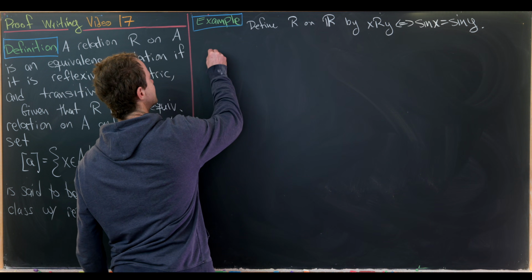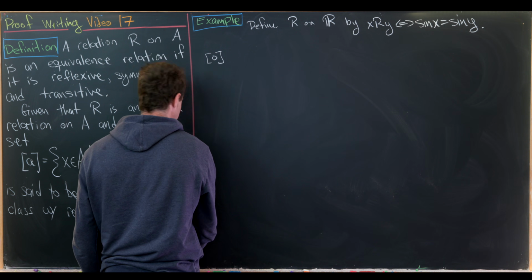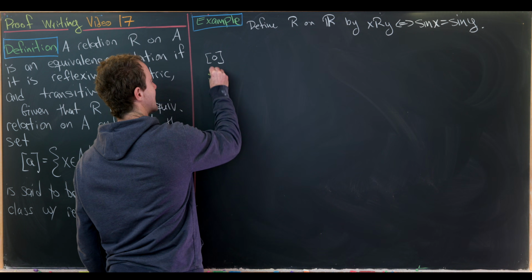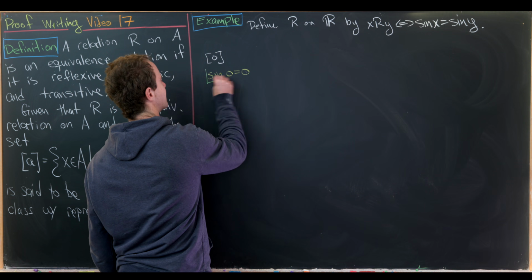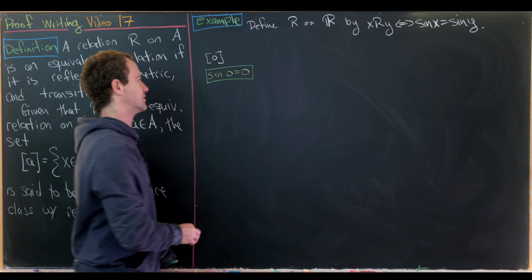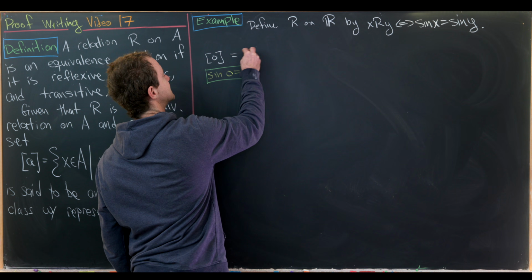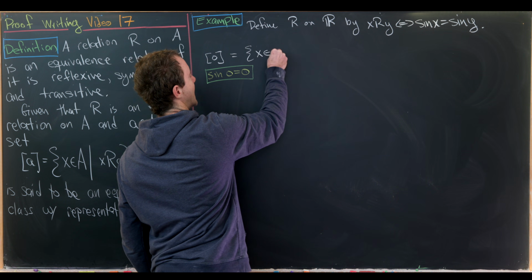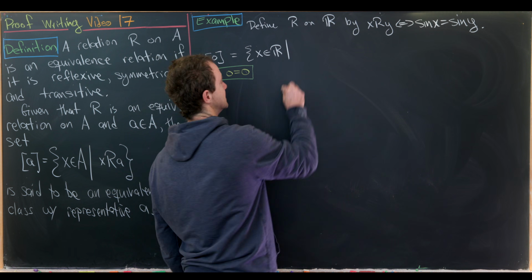Okay, so let's look at the equivalence class of 0. And this will be aided by the fact that sine of 0 is 0. So hopefully everyone remembers that from having taken a trigonometry class in the background. Okay, so this needs to be all numbers x such that sine of x equals 0.